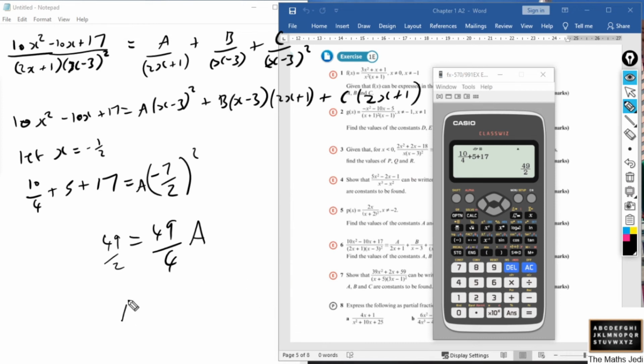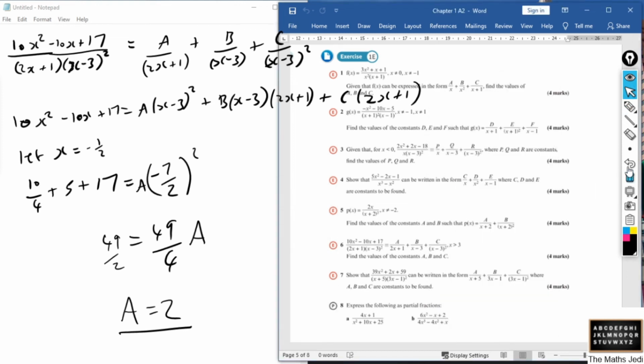So very quickly you can see a is going to be 2. Leave that there for a little bit.